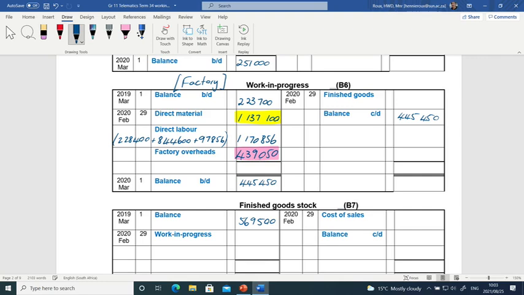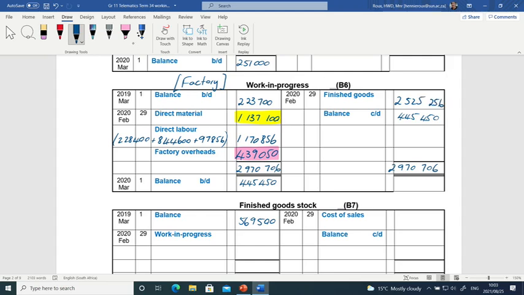439,050. And now we can complete this one because we've got the opening stock. That will be our balancing amount. So we add 2,970,706, minus the balance at the end, will give us 2,525,256.